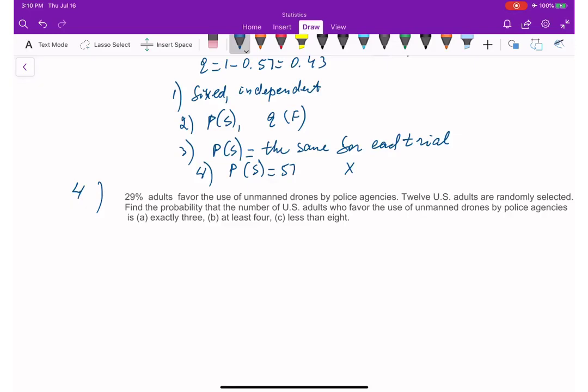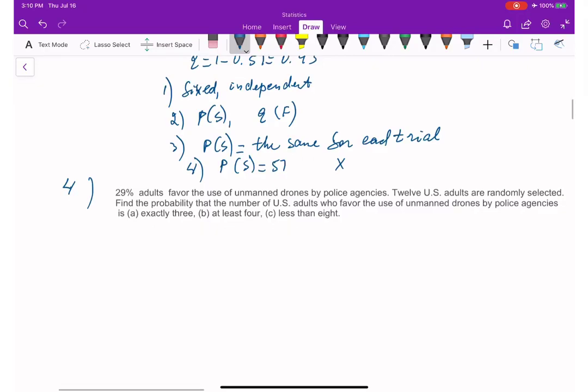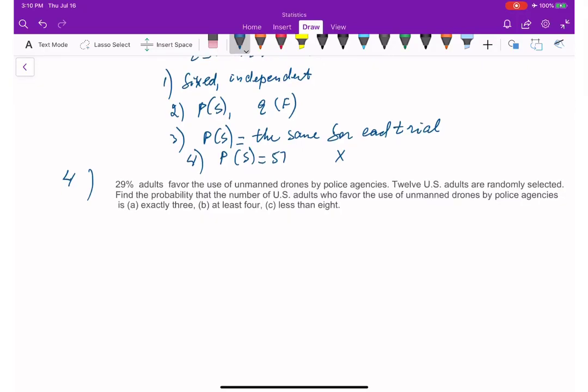Okay, let's see what we have here. 29% of adults favor the use of unmanned drones by police agencies. 12 U.S. adults are randomly selected. Find the probability that the number of U.S. adults who favor the use of unmanned drones by police agencies is A, exactly 3, B, at least 4, and C, less than 8.